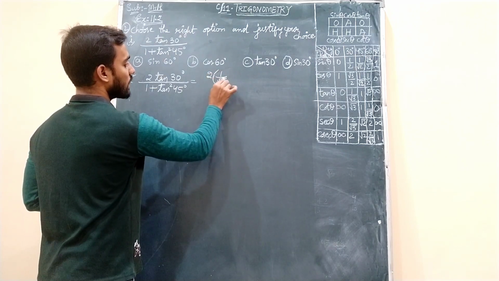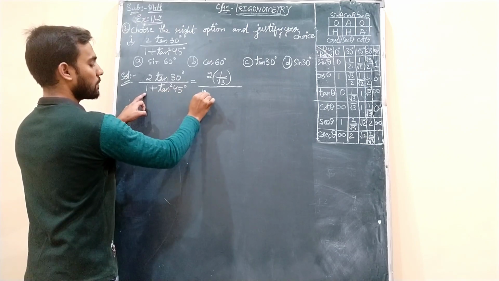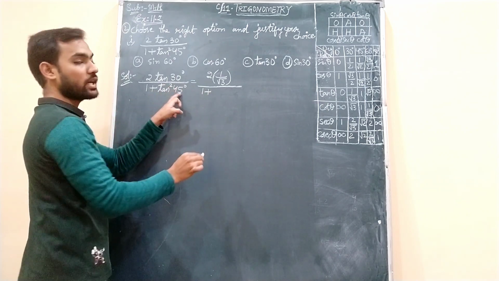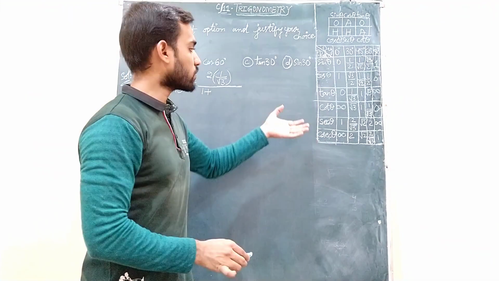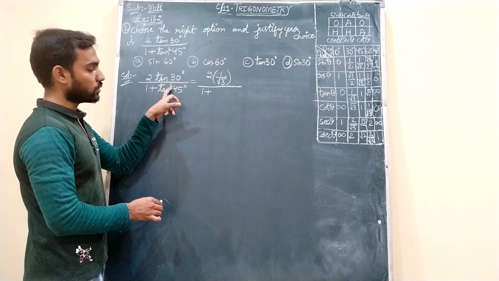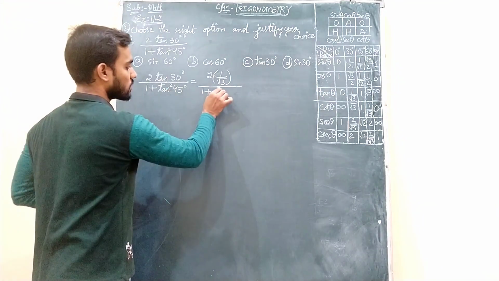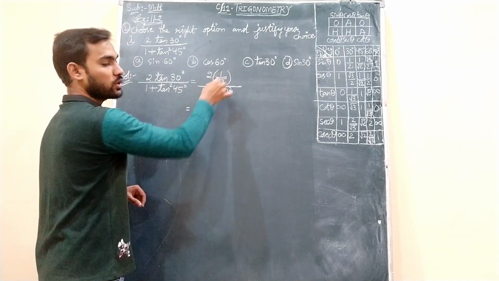So that we will copy in place of tan 30. Value is 1 by root 3 divided by 1 plus tan square 45 degree, which means whatever tan 45 value is there, to that you need to do the square. Tan 45 is 1. So 1 square we need to do, as square is given in the expression. So 1 plus 1 square. Understand? Here they both are in multiplication.